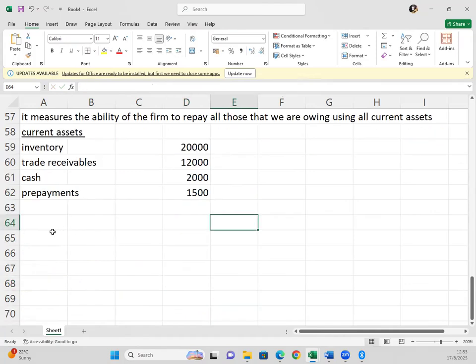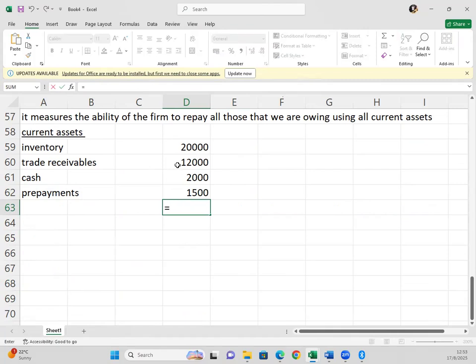Then we can also be given the current liabilities. So what's the total for the current assets? Our total for the current assets becomes 35,500. Then we have the current liabilities.